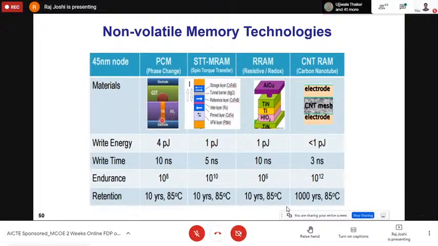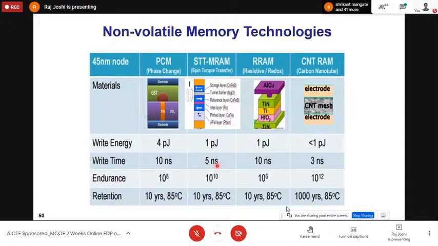Similarly, in PCM you have titanium nitride, and here the material is amorphous. You can change from amorphous to crystalline by applying voltage or current here. So things like that. There is a lot of work already going on, and a lot has been published in this area.